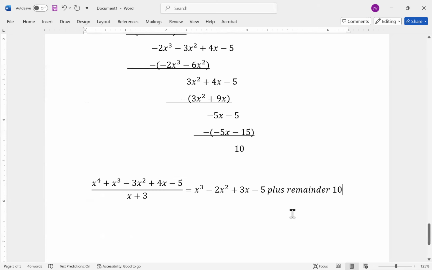And again, if you'd like to write that as plus 10 over x plus 3, you could do that as well. So that's what we end up with in these cases.